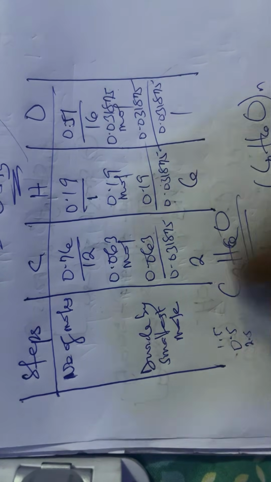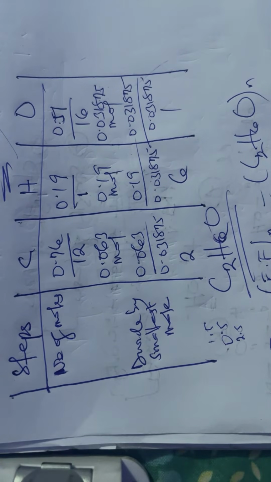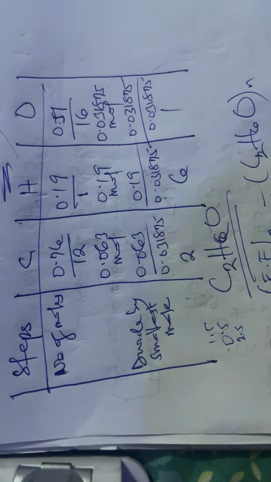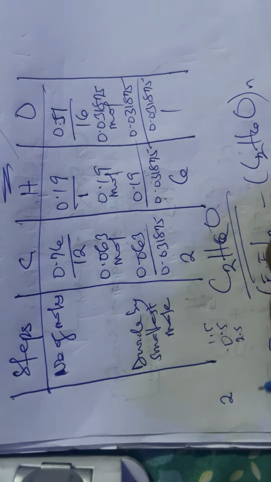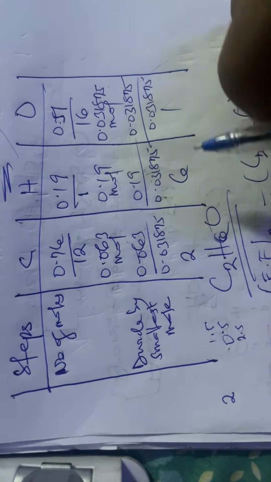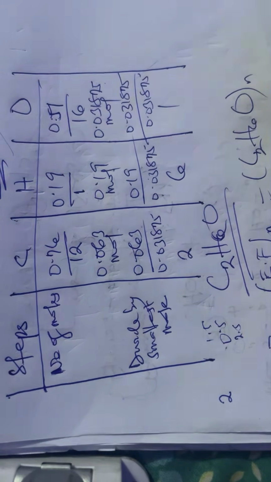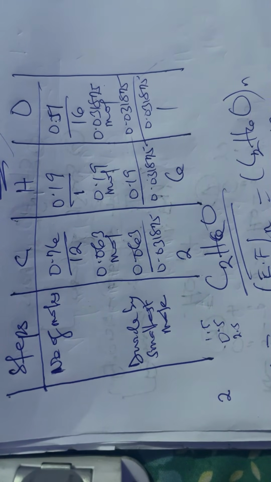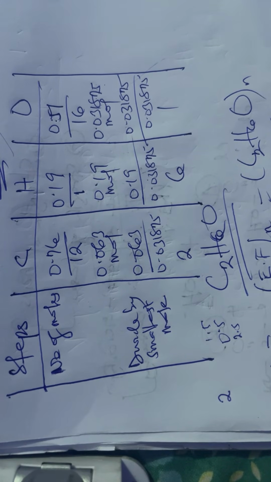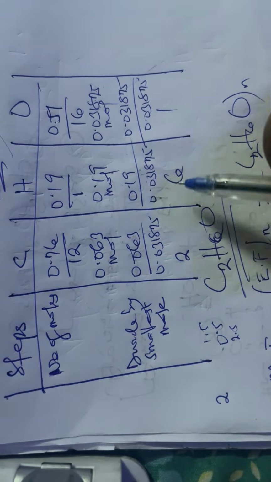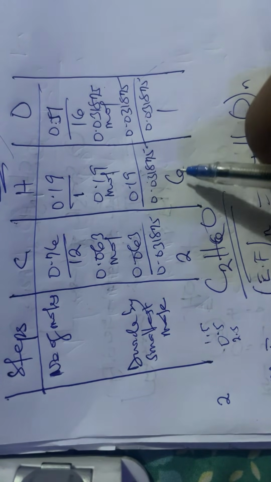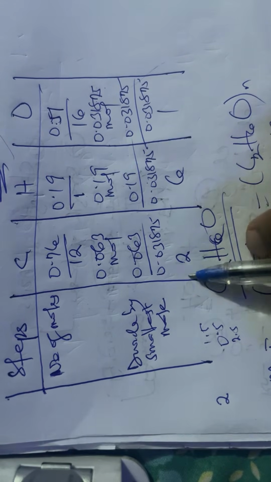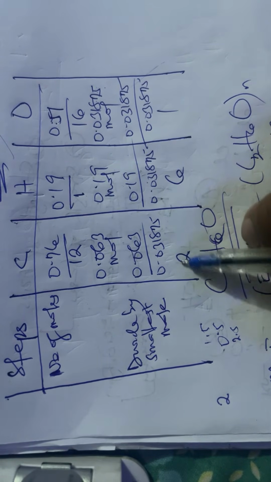If it gives you 2.5, don't round it up to 3. Multiply everything by 2, even if it's only one value that is approximately 0.5. Don't round it up to the nearest whole number. The only time you can round up is when it is very close to the whole number, like 1.8, 1.9, 1.7. Here you can round it up to 2.